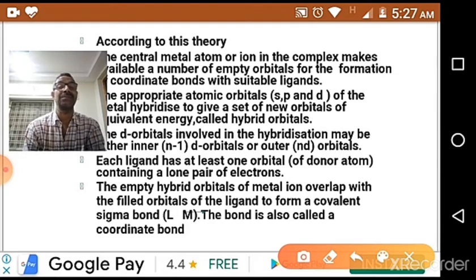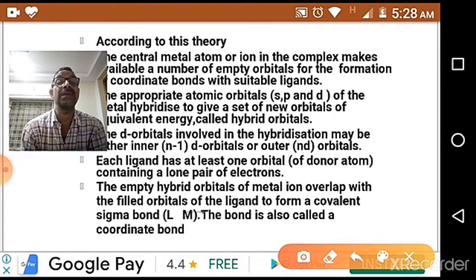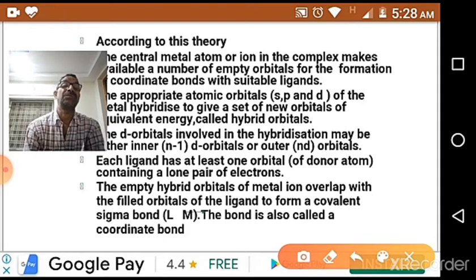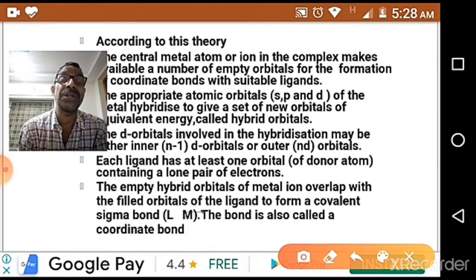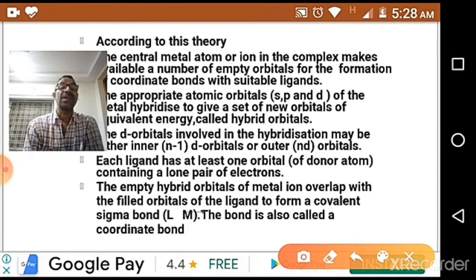This overlapping of the filled orbital of the ligand and the vacant orbital of the metal takes place, and the bond formed from ligand to metal is known as a coordination bond. So this is valence bond theory.